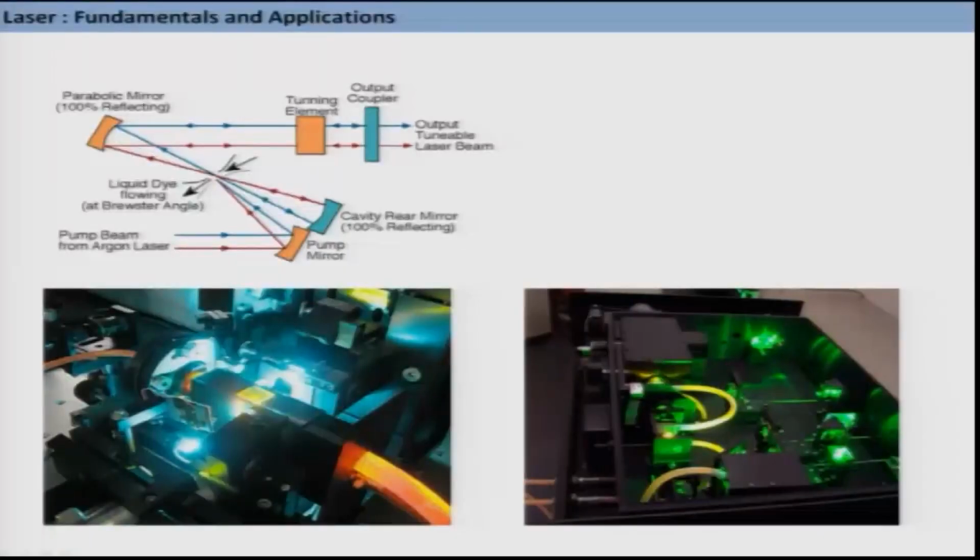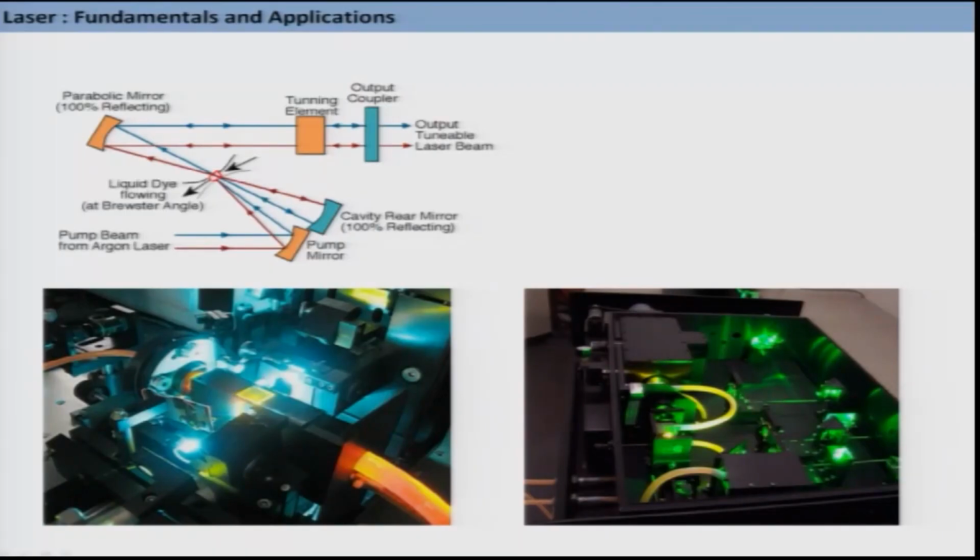You bring the pump beam from this argon ion laser and hit the dye cell which is kept right here, and the fluorescence is shown by this green light. That travels back and forth between this output coupler and this high reflecting curved mirror, and you get the output from this output coupler.